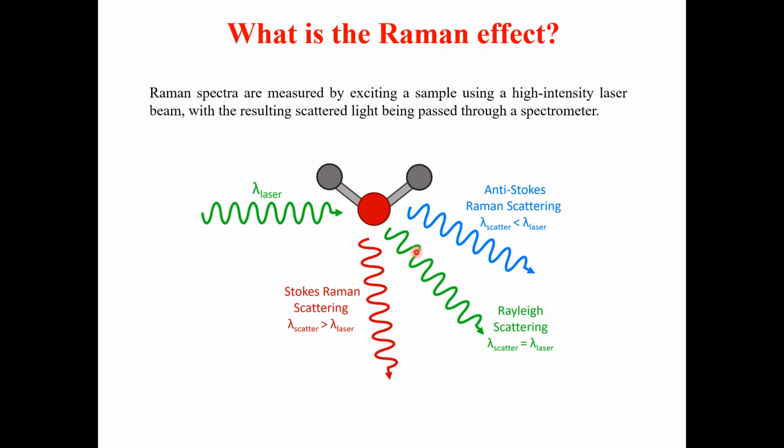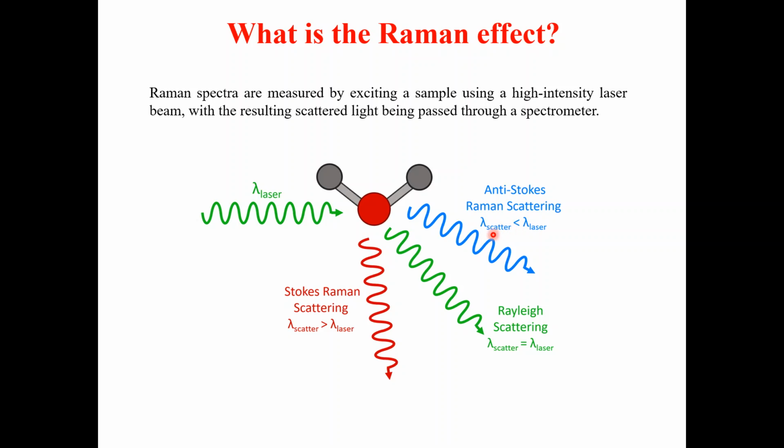We have the inelastic scattering that we call Stokes Raman scattering, where the scattering wavelength is a bit greater than the wavelength of the shining laser. Along with that we have Rayleigh scattering, which has almost the same wavelength as the laser, and anti-Stokes Raman scattering, where again the scattered wavelength is a bit shorter than that of the laser wavelength.